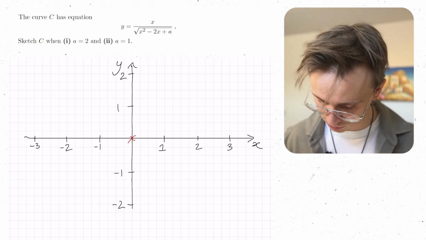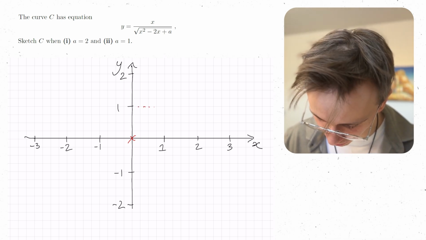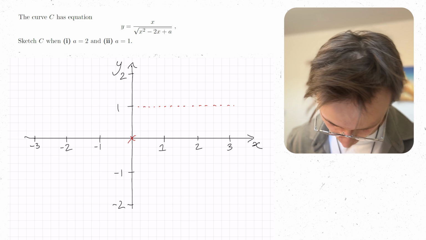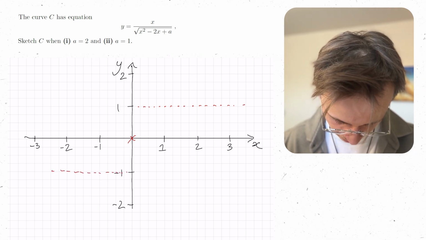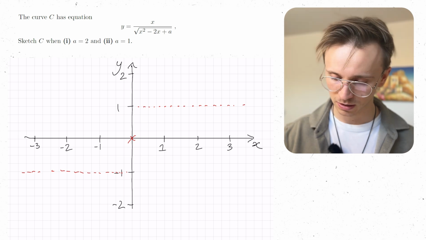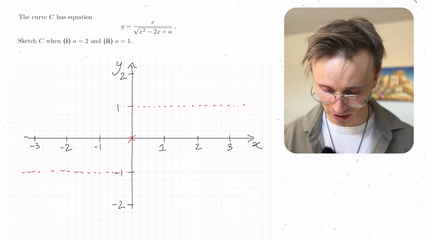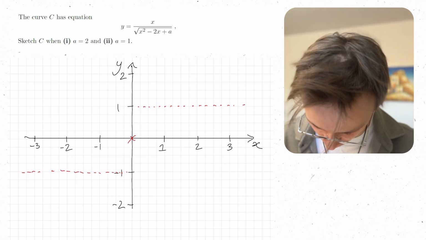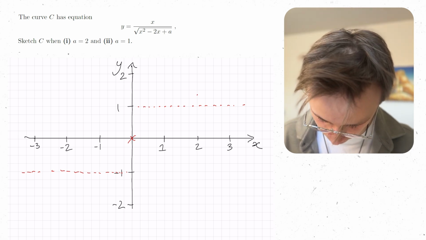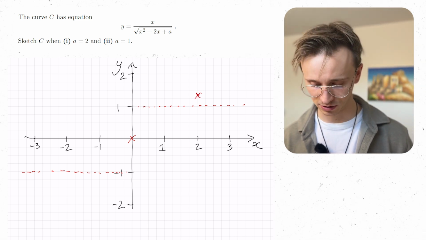Next one is that as we go to positive infinity, I have a horizontal asymptote at 1. And as I go to minus infinity, I have a horizontal asymptote at -1. And then lastly, I know that I have a turning point at 2, root 2. Root 2 is just a bit bigger than 1, so we'll just put it somewhere up here. Doesn't matter too much where it actually is.